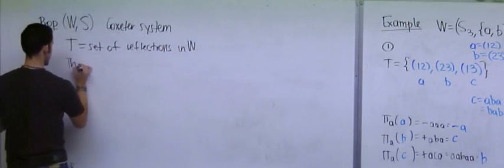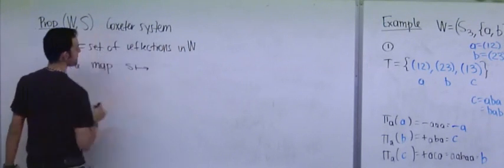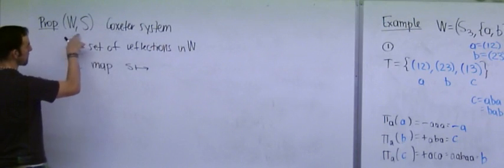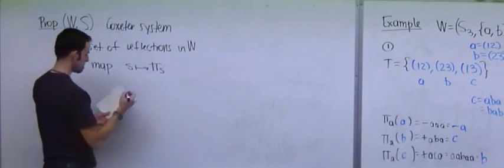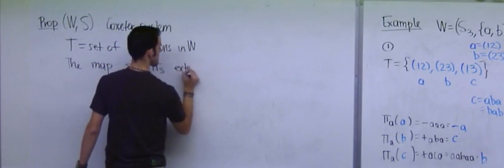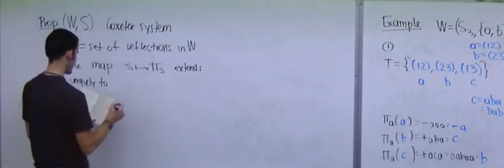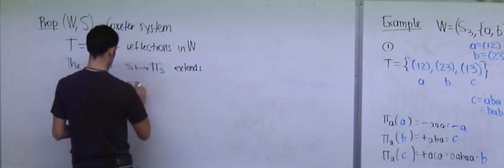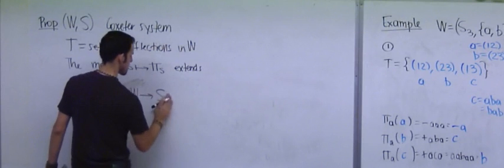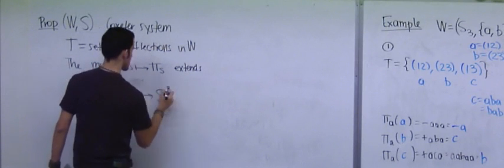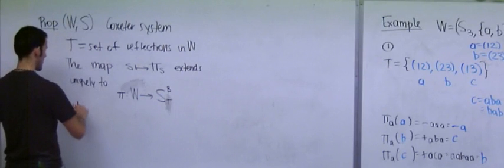What I claim is that the map that takes a generator of my group W and sends it to an element of the sign permutation group extends uniquely to a group homomorphism, which is injective.